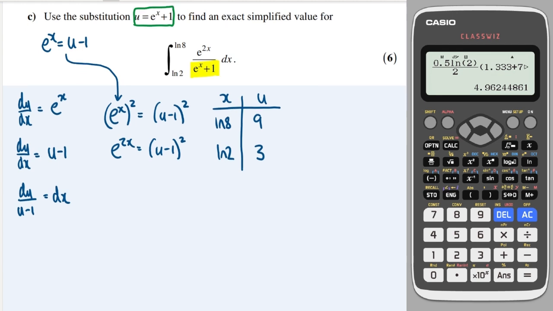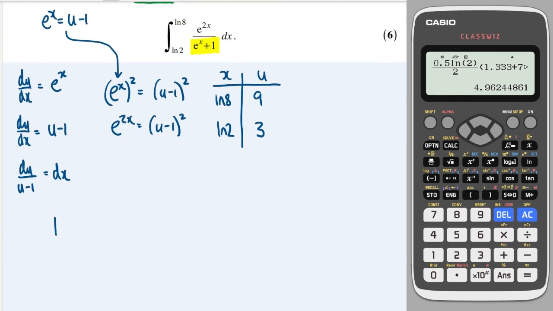So I will write that the integral is equal to the integral between 9 and 3 of u minus 1 all squared, all over, this yellow bit here is just u, and then dx is du over u minus 1.